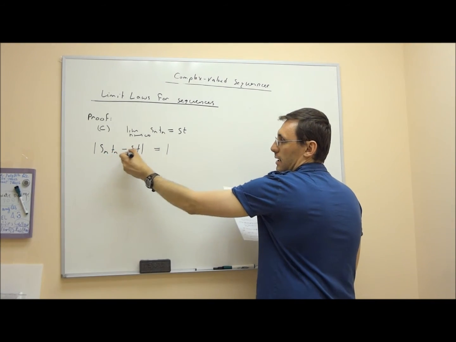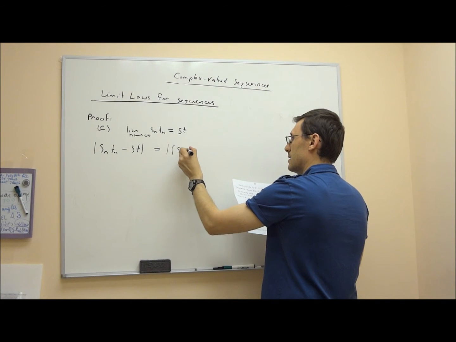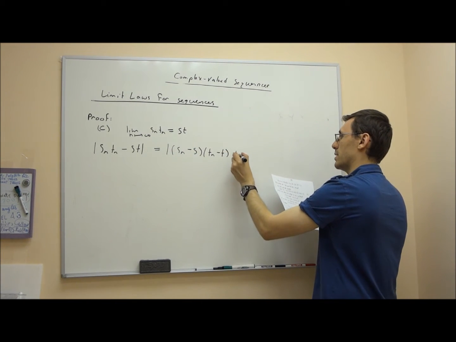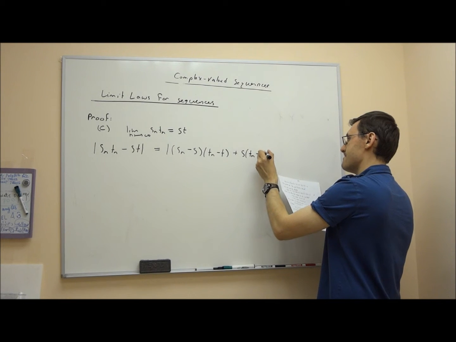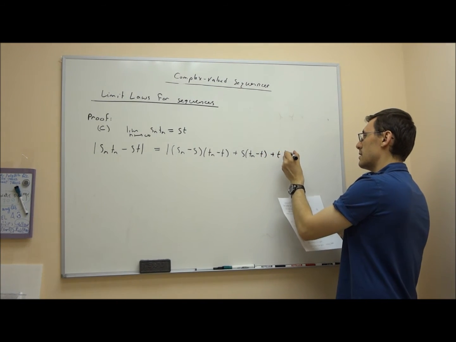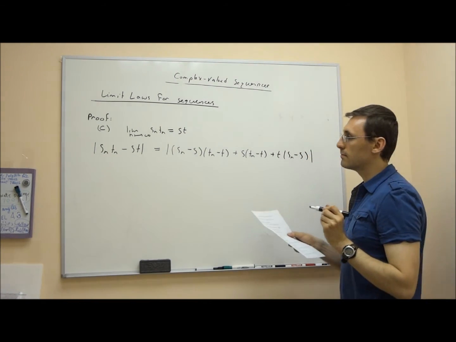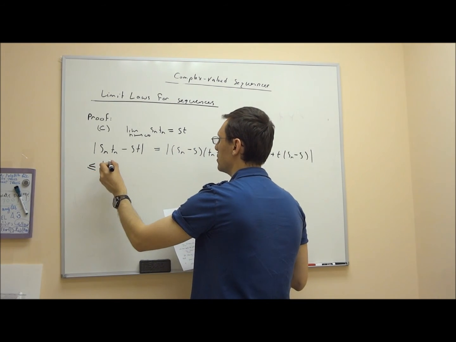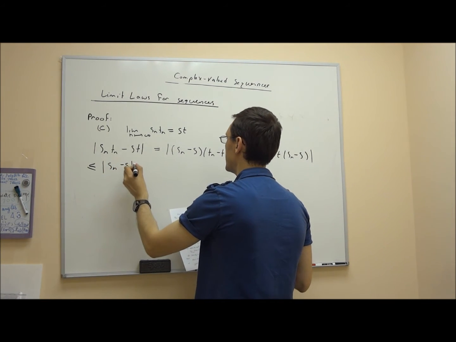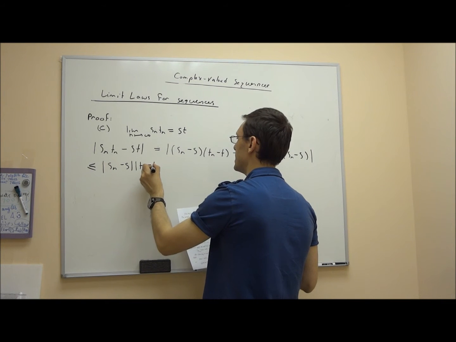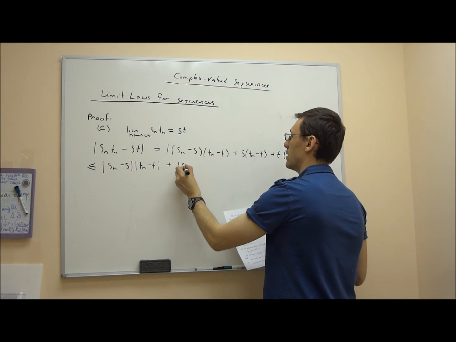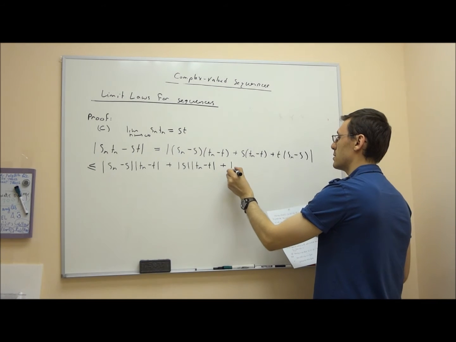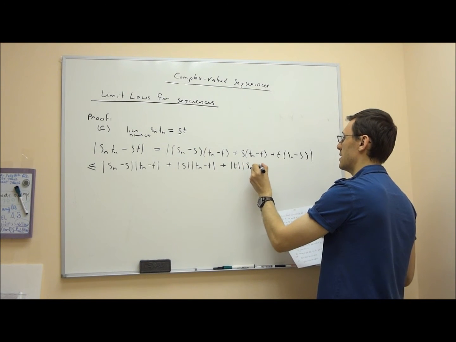So remember, we were able to write Sn Tn minus ST as Sn minus S times Tn minus T plus S times Tn minus T plus T times Sn minus S. And now we can apply the triangle inequality to each part, so we can say this is less than or equal to the absolute value of Sn minus S times the absolute value of Tn minus T plus the absolute value of S times Tn minus T plus the absolute value of T times the absolute value of Sn minus S.